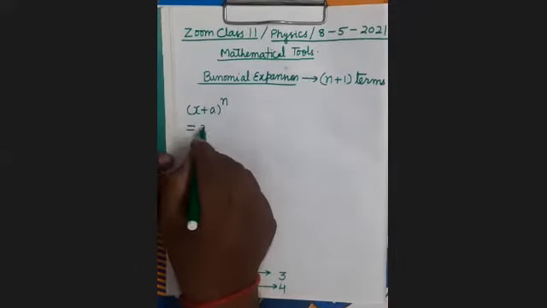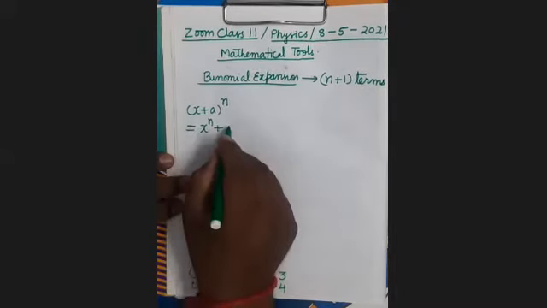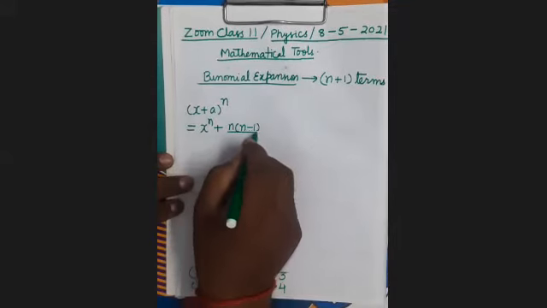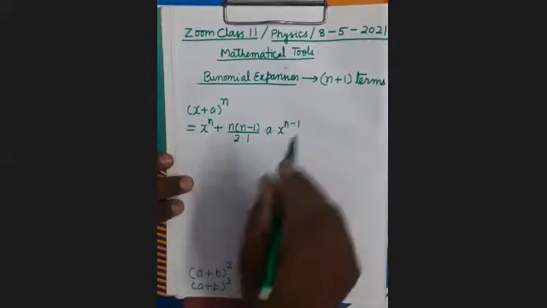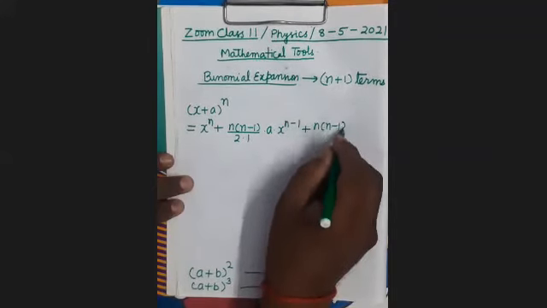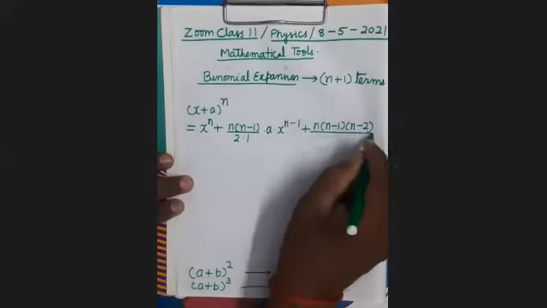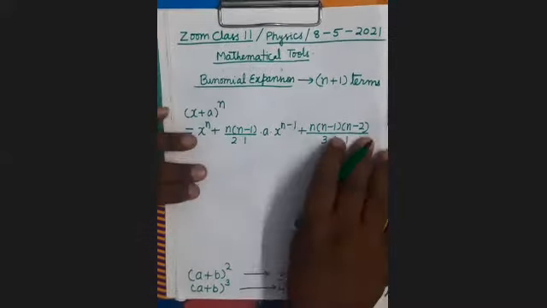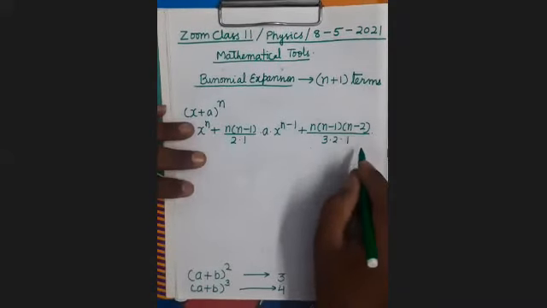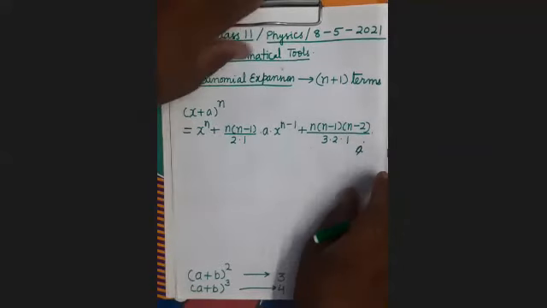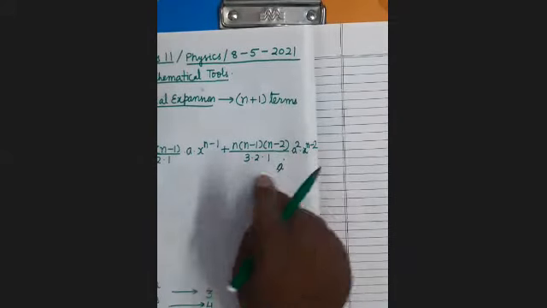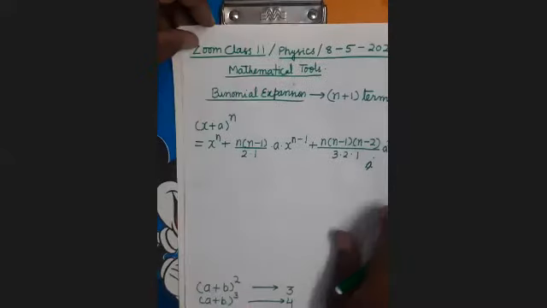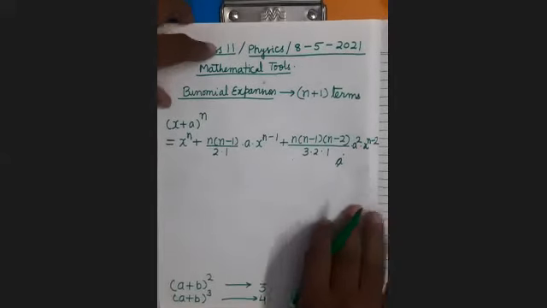So it will be equal to x^n + n(n-1)/(2·1) a x^(n-1) + n(n-1)(n-2)/(3·2·1) a^2 x^(n-2) plus and so on.